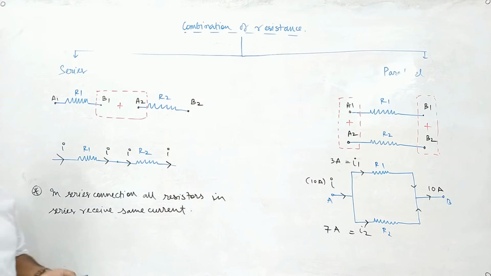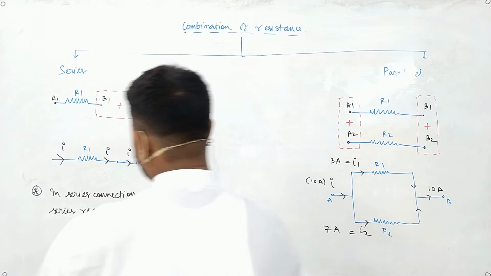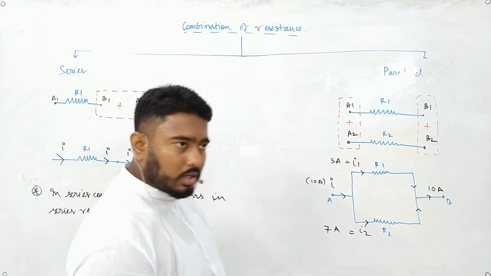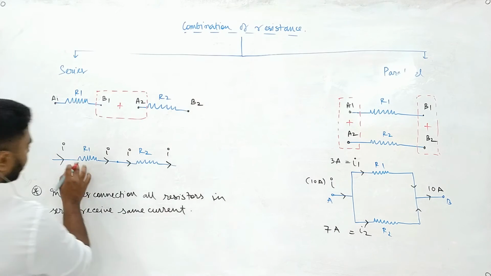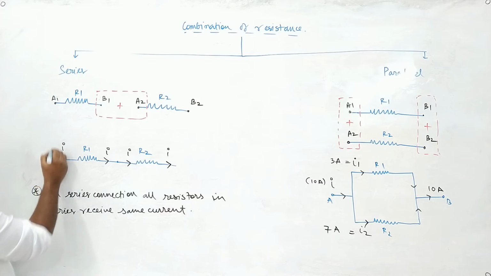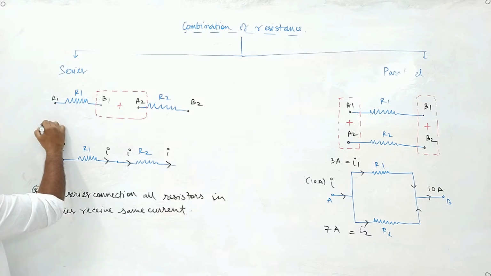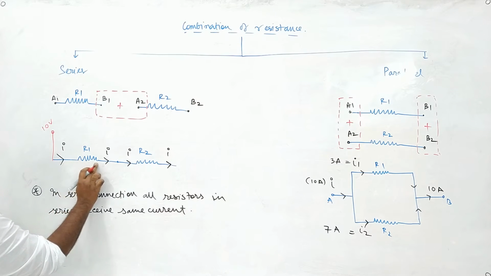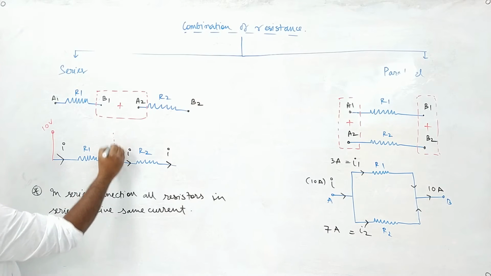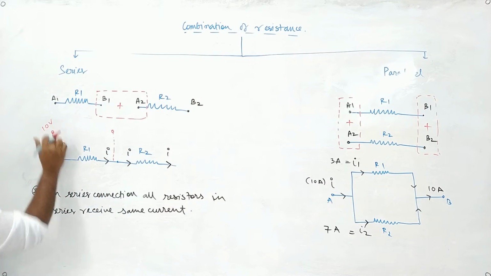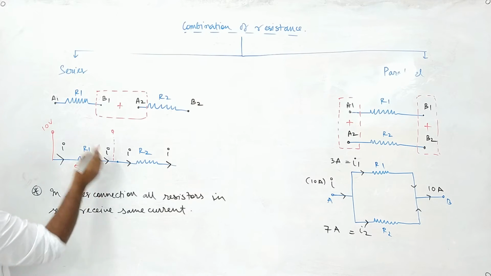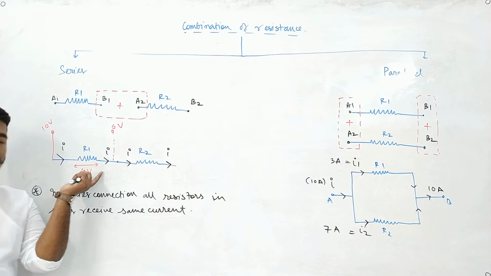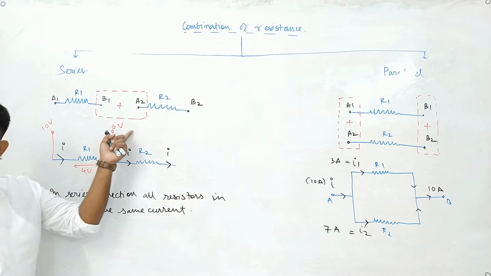So we understood the rule for current. Let us go to the rule for voltage. See, voltage is across two terminals. Now when we look at series, if a current is flowing through it, suppose the voltage at this point is 10 volt. Now when it crosses a resistance, some voltage will decrease. So if it is 10 volt and it used up 4 volt, then 10 minus 4, how much will be left? 6 volt.